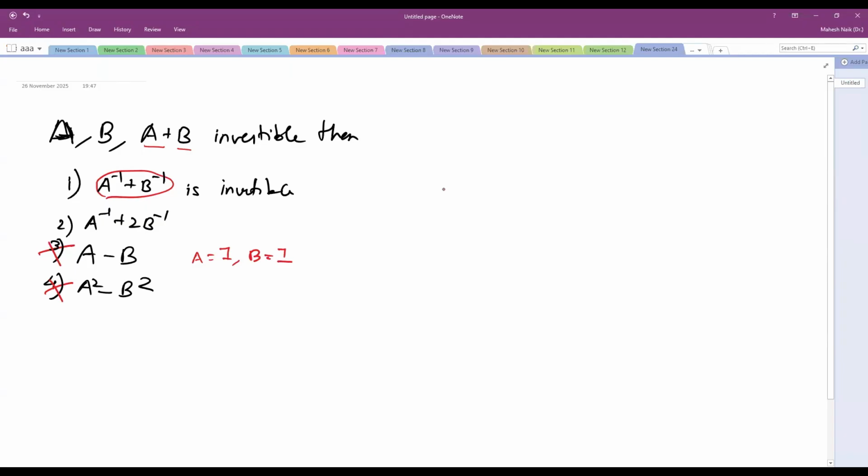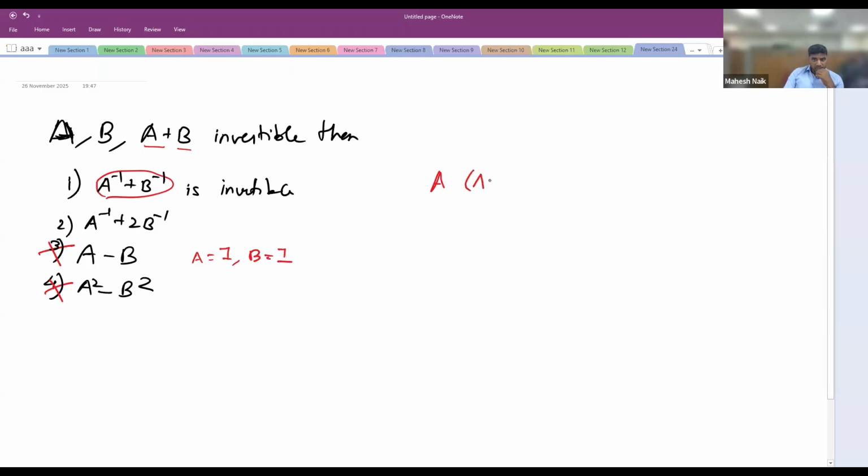If A is a matrix which is invertible, then its inverse matrix is also invertible. So if we are given that A plus B is invertible, then the inverse of A plus B, which is A inverse plus B inverse, is invertible. Okay. So in a simple way, if we use this property that the product of invertible matrices will be invertible, we can have A plus B which is invertible, multiplied with A inverse and multiplied with B inverse, which is also invertible.